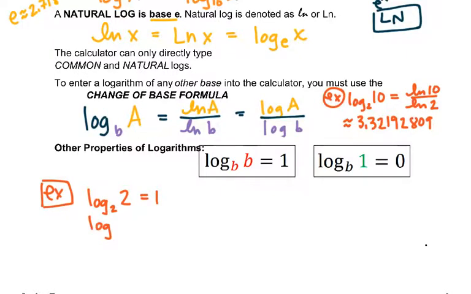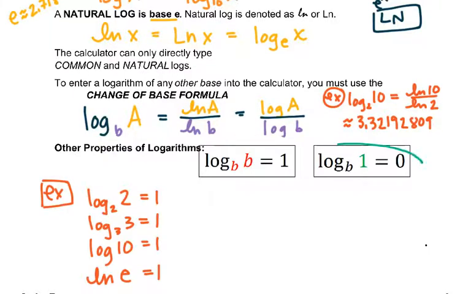Or log base 3 of 3 would equal 1. Common log of 10 would equal 1. Natural log of e would equal 1, because natural log is base e. Okay, so when the base and the argument match, the logarithm is going to simplify to 1.